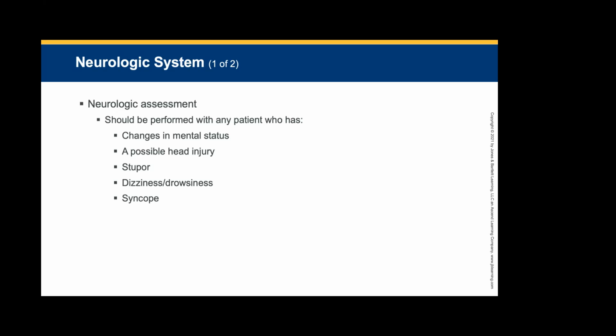Were they involved in an MVC or MVA, a motor vehicle collision or accident, that potentially caused a head injury? Or did they have a syncope episode that caused them to slip, trip, and fall? Is there any dizziness that could be related to medication? We need to know all this as we continue our cycle of doing an assessment.